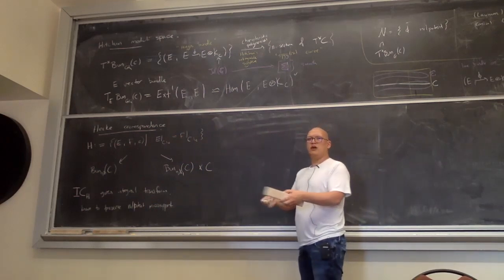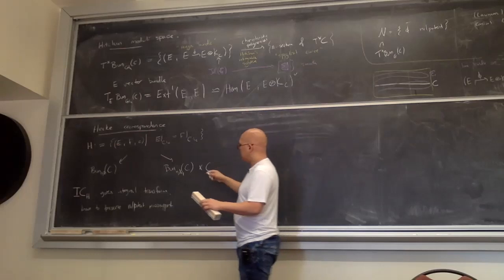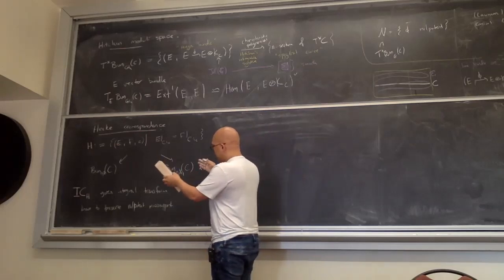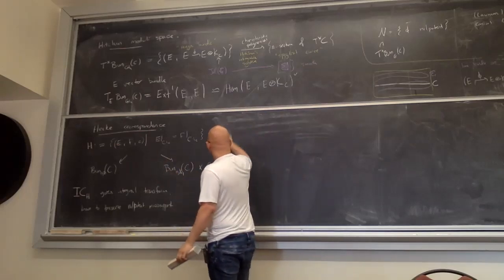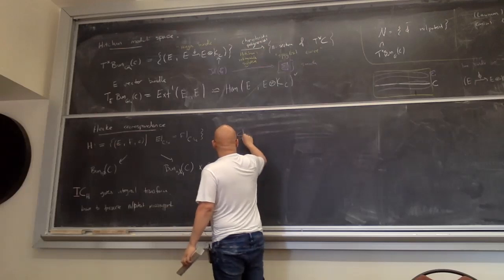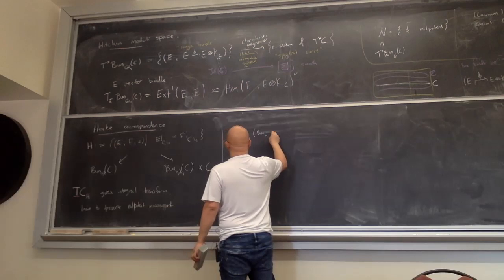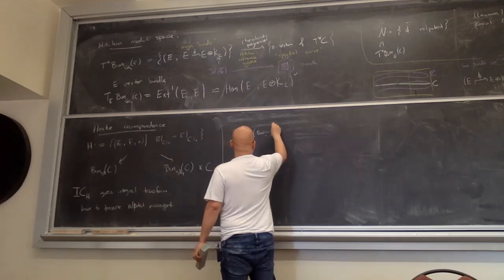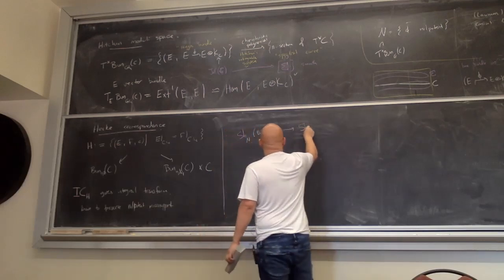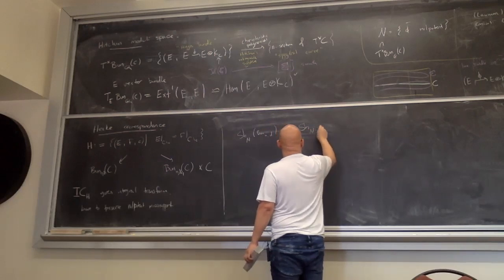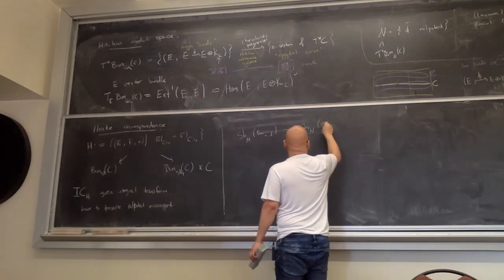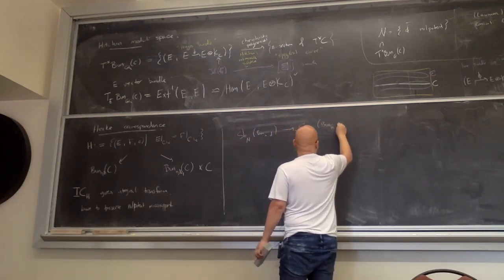If you want to know, ask David Nadler. He'll tell you. But anyway, some correspondence. So we have a map from sheaves on Bun_n,d to sheaves on Bun_n,d+1.